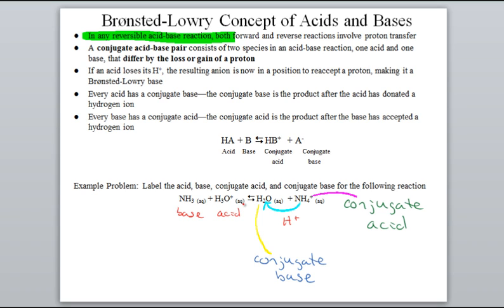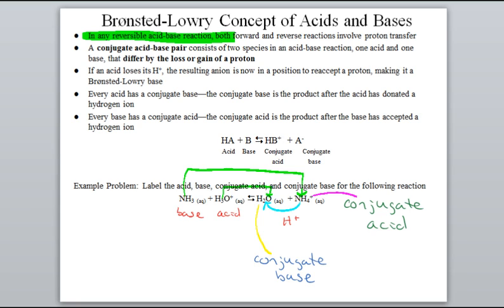You need to look from one side to the other to see what's formed in order to say whether it's an acid or a base. And again, the only difference from one side to the other is a hydrogen and a positive charge. If we look at it, NH3 forms ammonium, the hydronium ion forms water. NH3 is a base, what it forms on the product side is an acid.